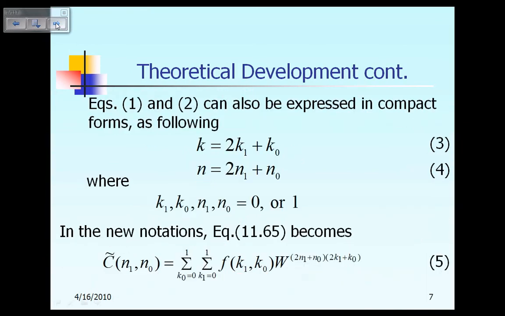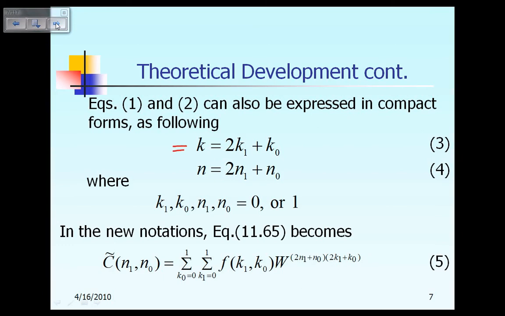I can make an even more compact formula for you by saying the index k could be expressed as 2k1 plus 1k0. Now, actually, for future development, I prefer to write this in a slightly different form.